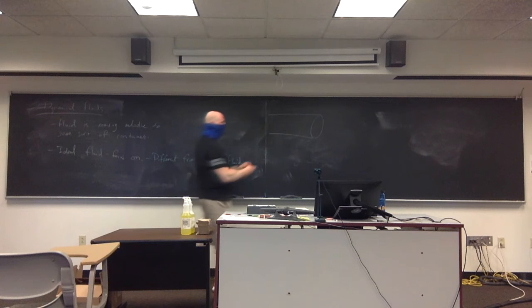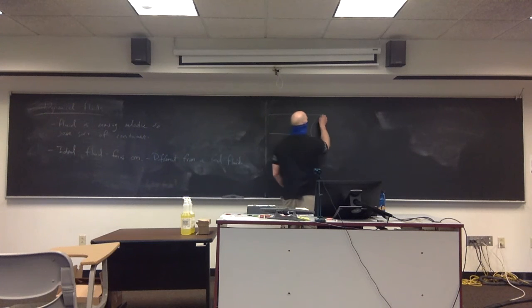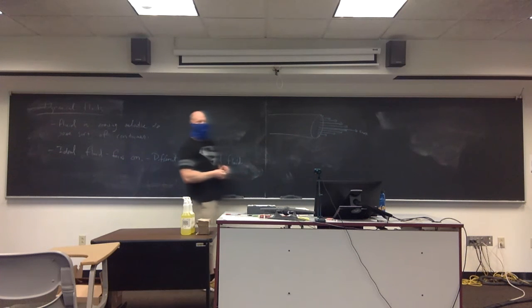So if I looked at the velocity profile of the fluid inside the tube, I would find barely any velocity towards the outside, if any. Then as it gets closer and closer to the center, the velocity increases, reaching its maximum at the center, and then tapers off and dies down on the opposite side. So overall, my velocity profile would look something like this. This would be a real fluid.